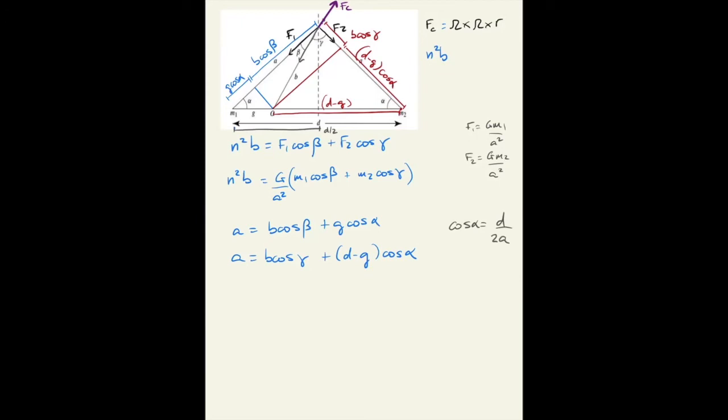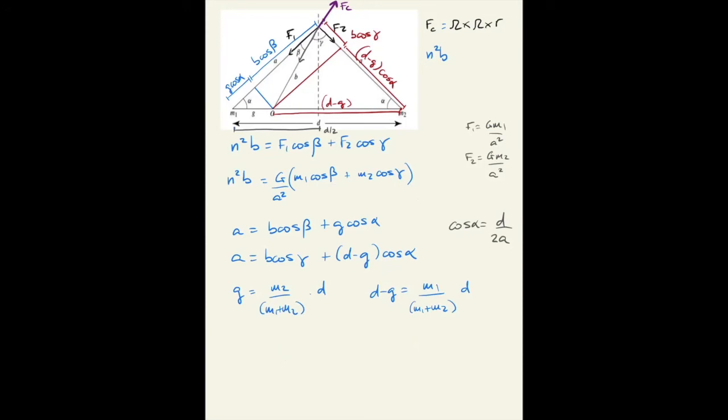Now from the definition of the center of mass, we have the little g, the distance from M1 to the center of mass, is equal to M2 over M1 plus M2 times D, the separation. And therefore, D minus G, the distance from O to the planet, is equal to M1 over M1 plus M2 times D.